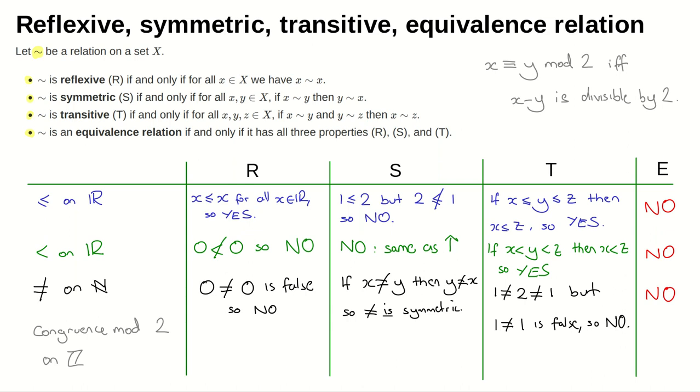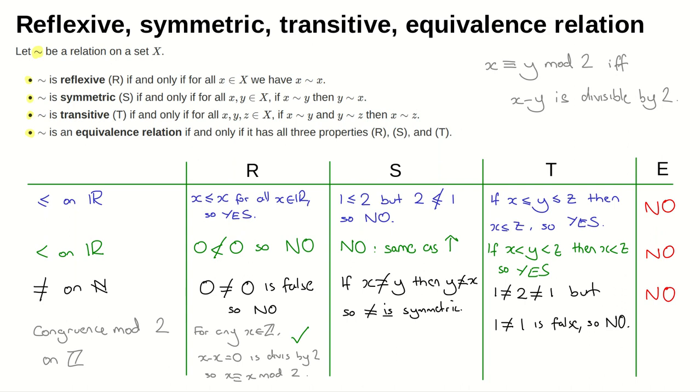So for any integer x, x minus x is 0, and that is divisible by 2. So it's true that x is congruent to x mod 2, and that means this relation is reflexive. So let's put a big green tick to indicate that.